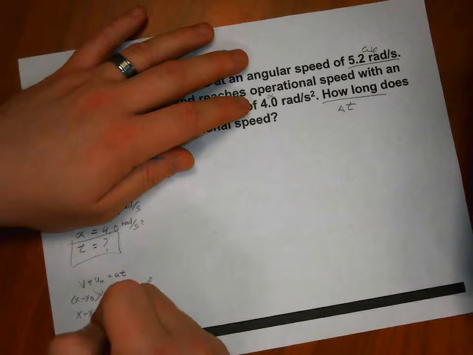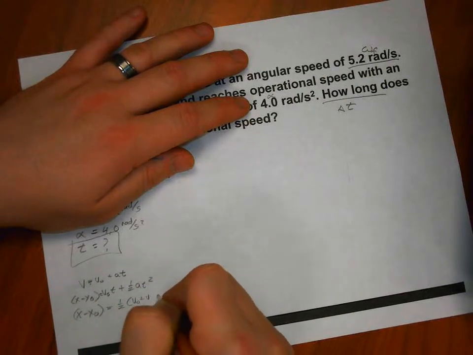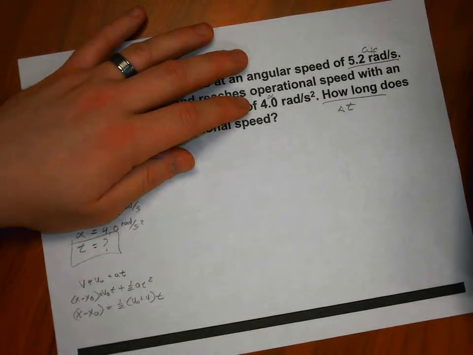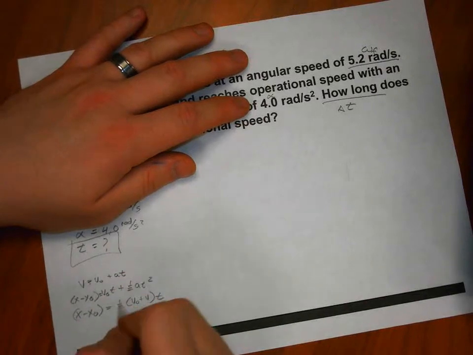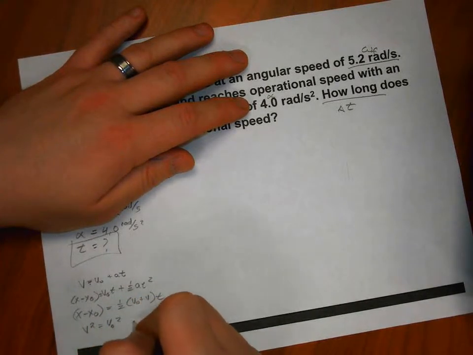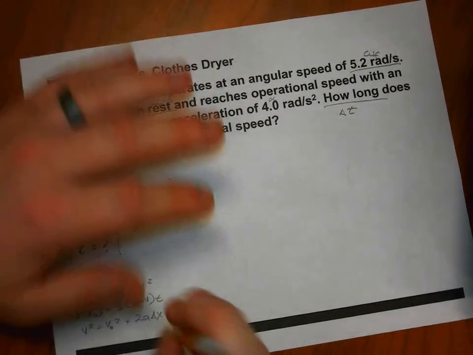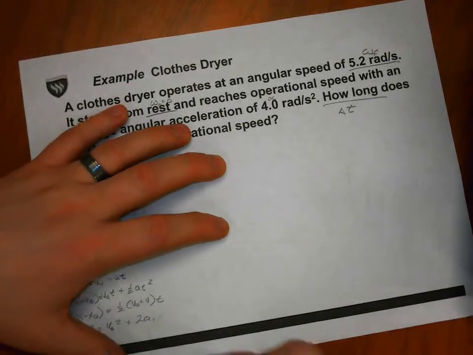X minus x0 is equal to 1/2 (v0 plus v) times t. And finally, v squared equals v0 squared plus 2a delta x.